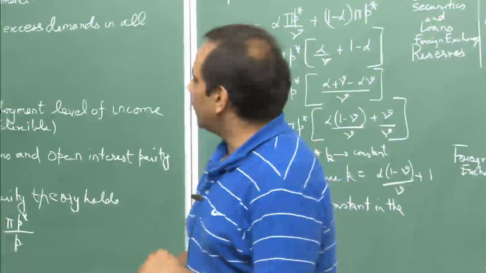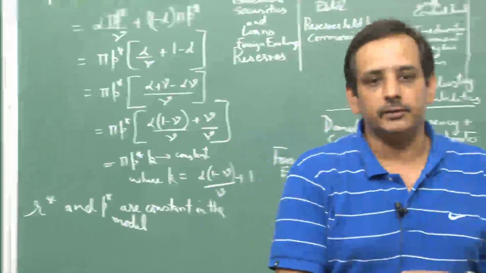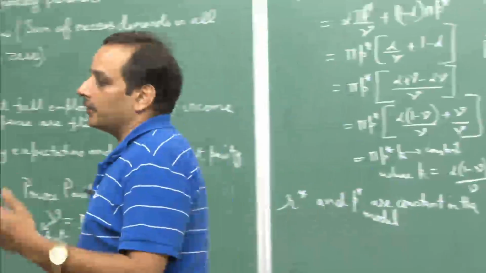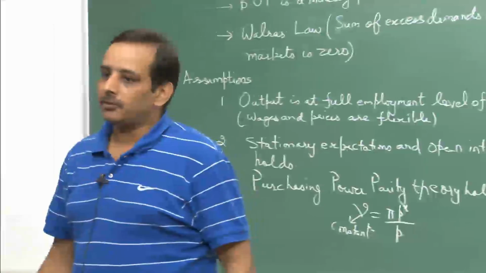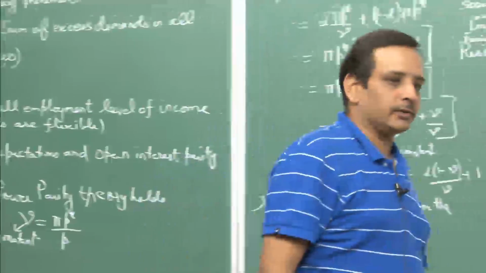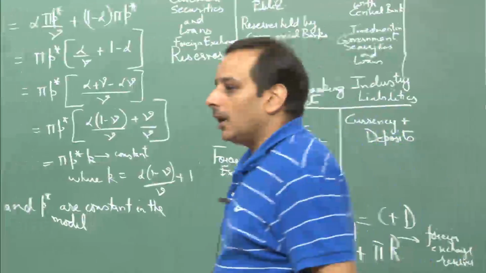And further, when I say there is excess demand for goods and securities, it is equivalent to saying that there is a balance of payment deficit. Remember, a balance of payment deficit is when the central bank loses its reserves and there is a net outflow of foreign exchange.